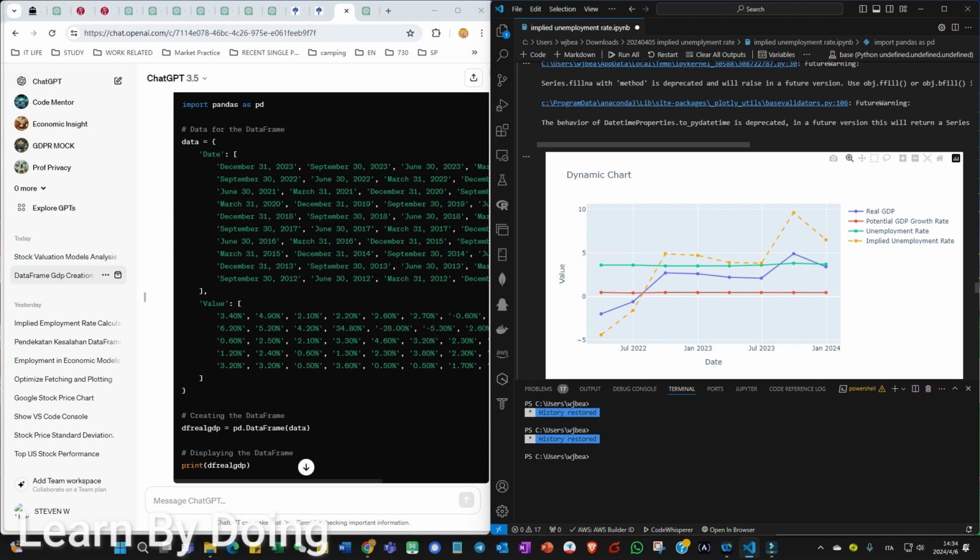So one thing I think makes sense is that you see I have the time from March 2022 to now. Sometimes the implied unemployment rate would be below the real unemployment rate. Sometimes it would be higher.